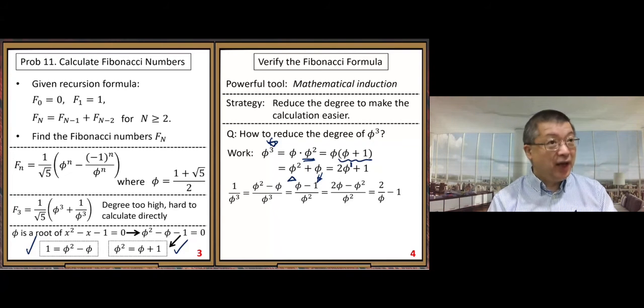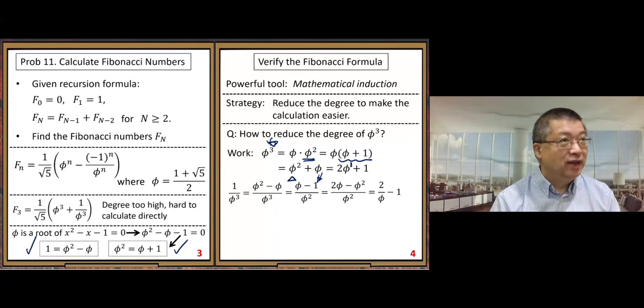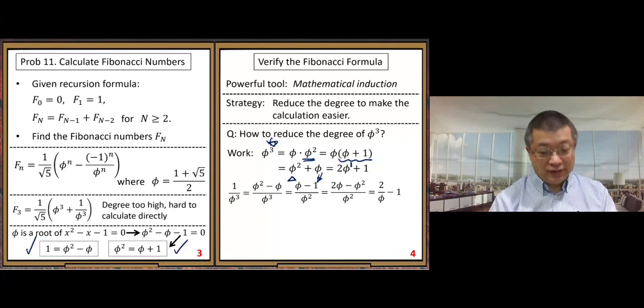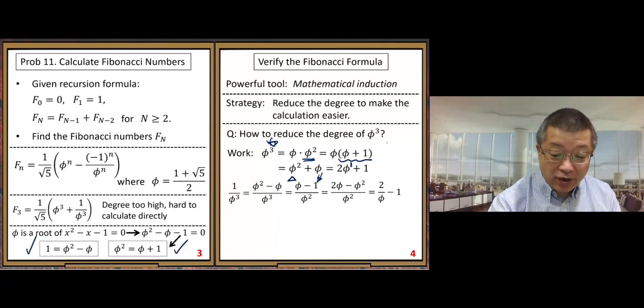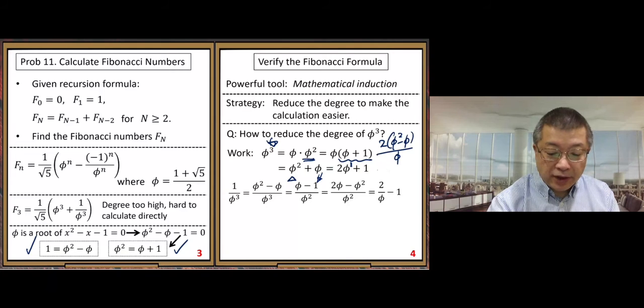If you like, you can do further cancellation: 2 times phi squared minus phi over phi, another round of cancellation, 2 times phi minus 1.